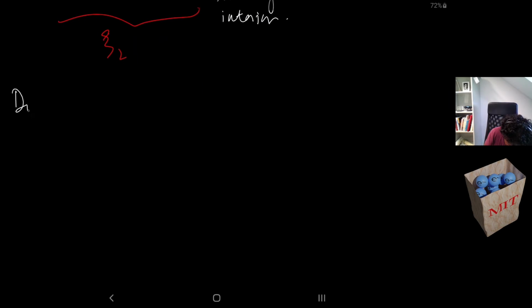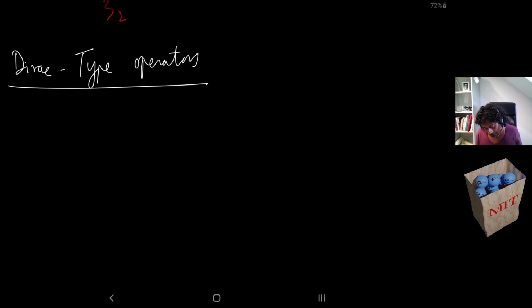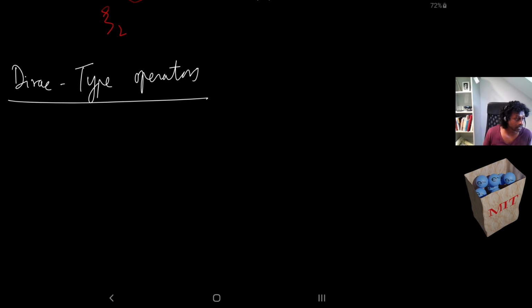So I think you've already seen some of these definitions and some of these things in the exercises if you've been attending them, but let's talk about Dirac type operators, right? So for this, let's return back to a situation. Here we don't need to make any assumptions about compactness or anything.